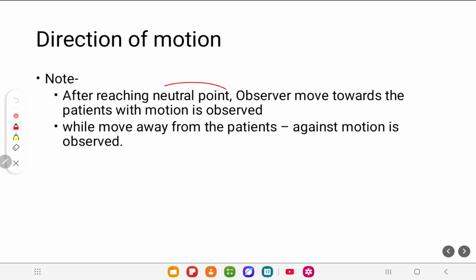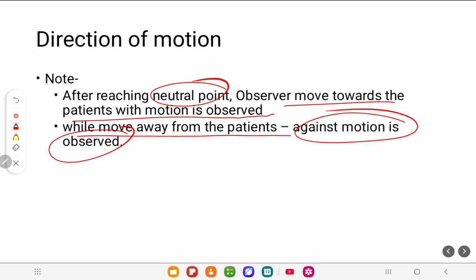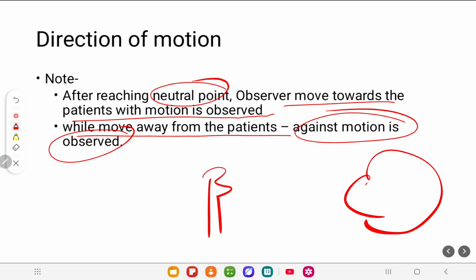So after reaching the neutralization point, the observer may move towards the patient and the with motion is observed, while moving away from the patient, it's against the motion observed. It's tricky. See, let me clear it. You did whatever it takes to get the far point at the peephole.